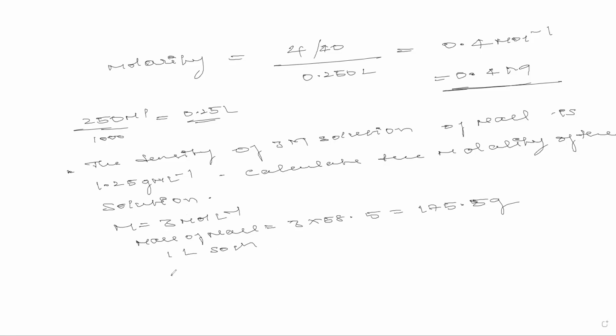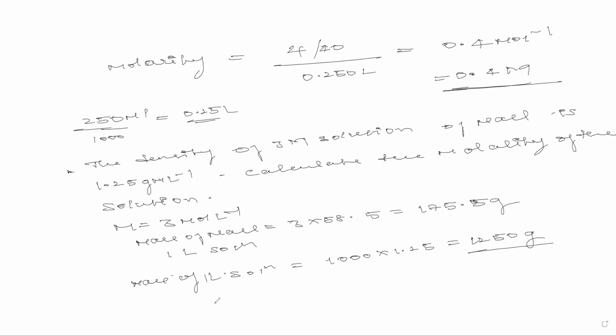Next, the mass of 1 liter of solution. To find the mass of 1 liter of solution, that is 1000 into 1.25, because density is given. So that gives out 1250 grams.